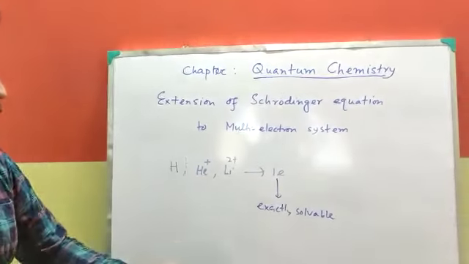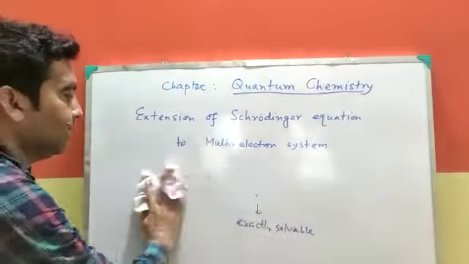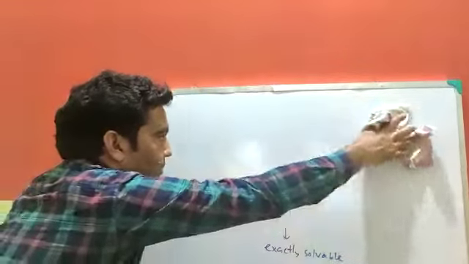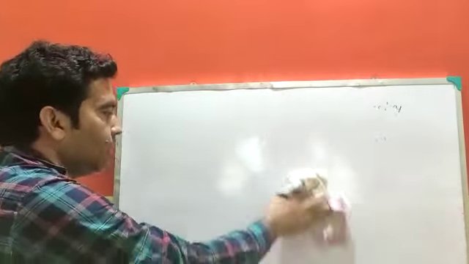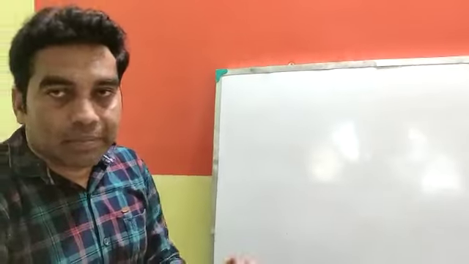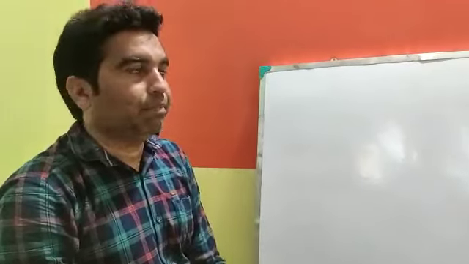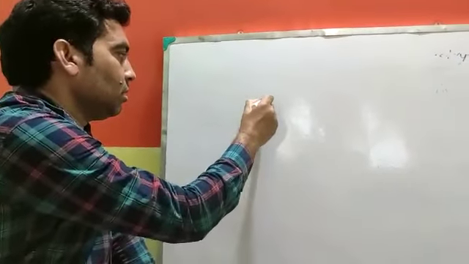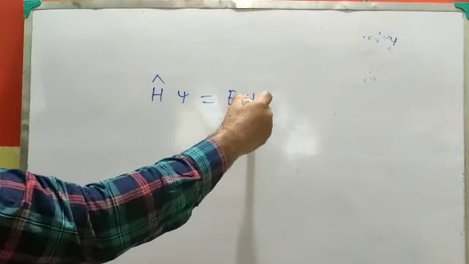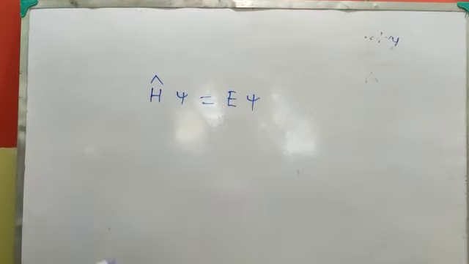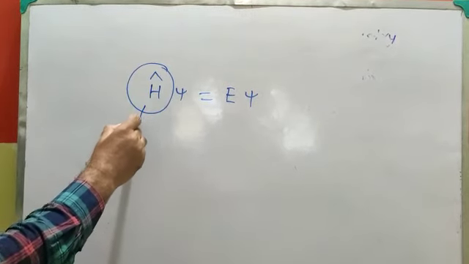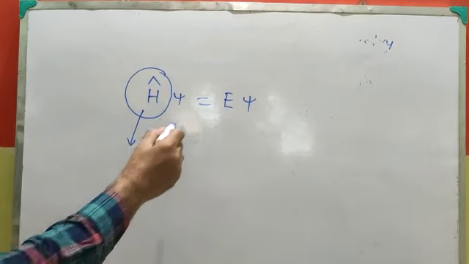Now before going to solve the Schrodinger equation for a multi-electron system, it is required to write the appropriate Hamiltonian for the system. Now we know this is our Schrodinger equation, H psi is equal to E psi. So for a multi-electron system we have to first write the Hamiltonian and the wave function.